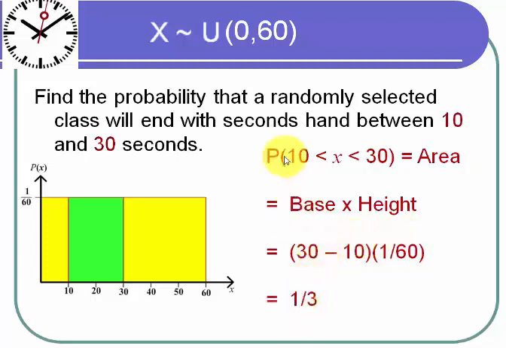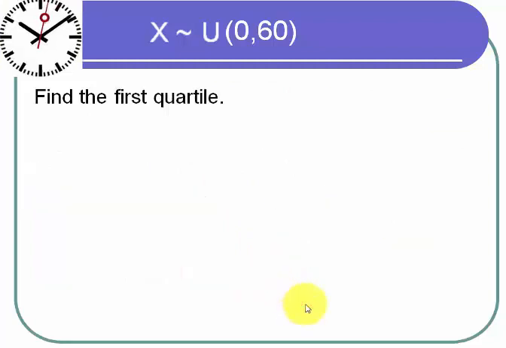So we could say that the probability that the seconds hand will be between 10 and 30 is equal to 1/3.